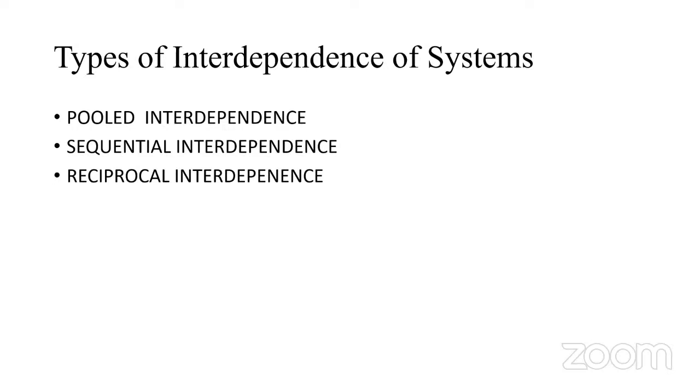This is the most open type of interdependence of all the three, that is pooled, sequential, and reciprocal. Pooled interdependence is the most open type of interdependence. Now, while each business unit completes tasks that are separate from one another, they all make contributions to the overall, the total goal, right?